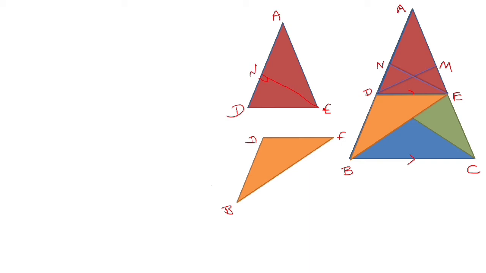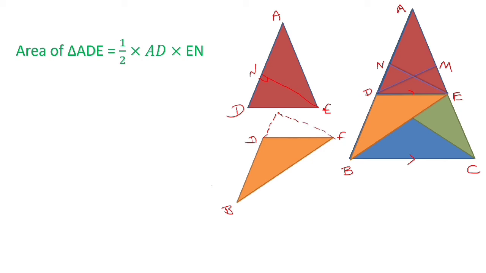At the same time, for triangle BDE also EN is the height because EN is perpendicular to AB. Now area of triangle ADE is equal to half into base AD into height EN, half into AD into EN.